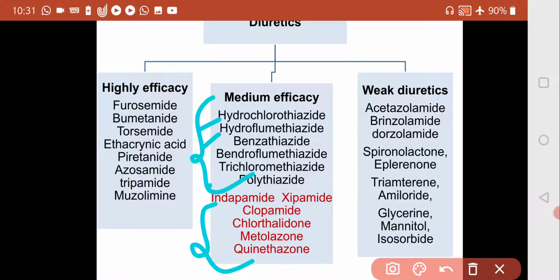These are the medium efficacy diuretics, acting on the distal convoluted tubules. And the thiazide-like diuretics are indapamide, xipamide, clopamide, chlorthalidone, metolazone and quinethazone.